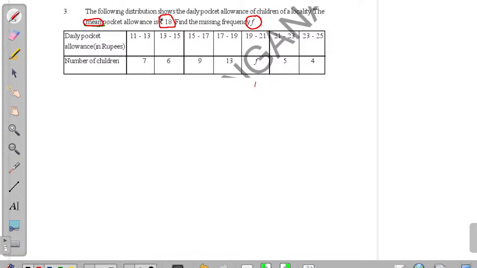Here one number is missing, given as a variable f, so we have to find it. It's the most important problem.